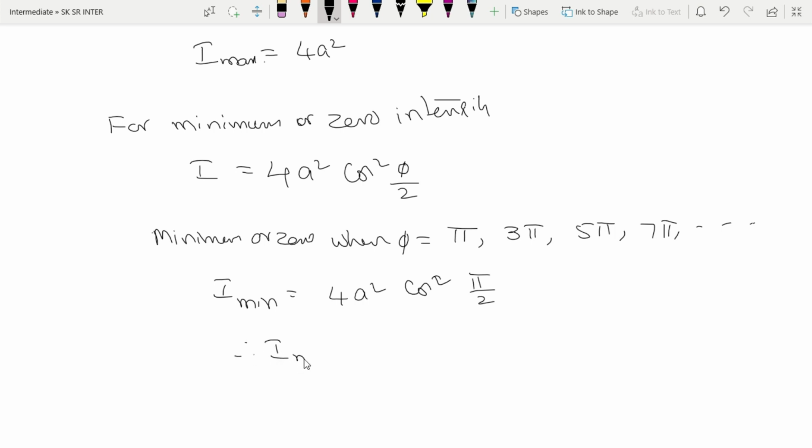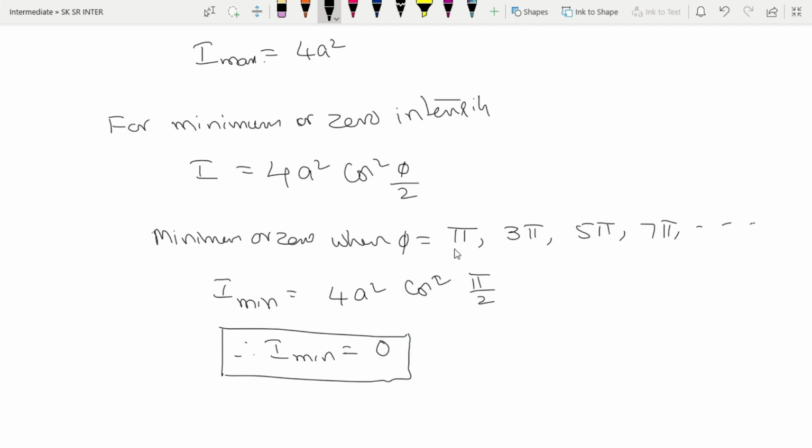Therefore I minimum is equal to 0. If I put 3 pi here, 3 pi by 2 is 0 when multiplied with 3, that becomes also 0. Then the intensity becomes 0. This is the final expression.